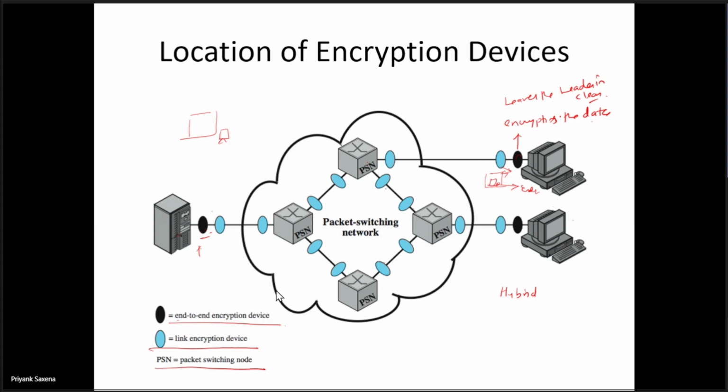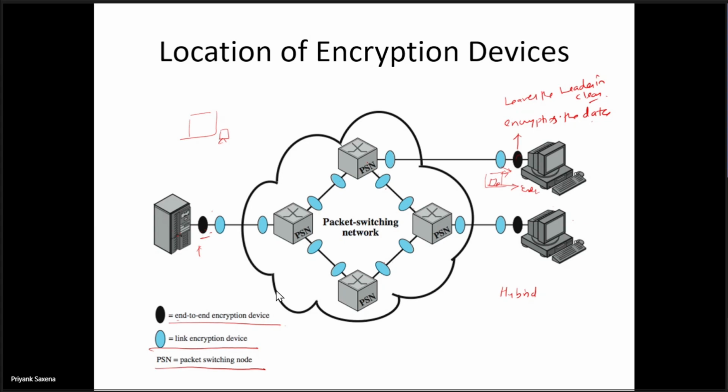See, I told you that the question is what to encrypt and where to encrypt. Suppose in data, which part of the data should be encrypted? The entire packet should be encrypted or some portion of the packet should be encrypted, and where exactly the encryption should be performed, right? So there are two possibilities. One is link-to-link encryption and another is end-to-end encryption.